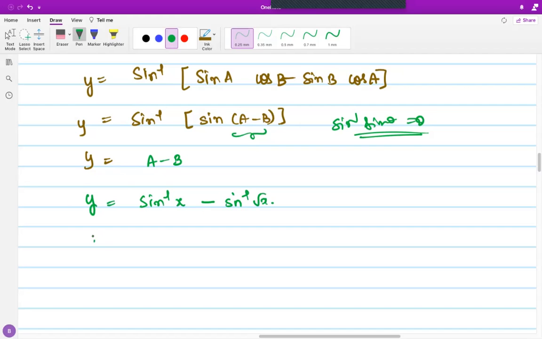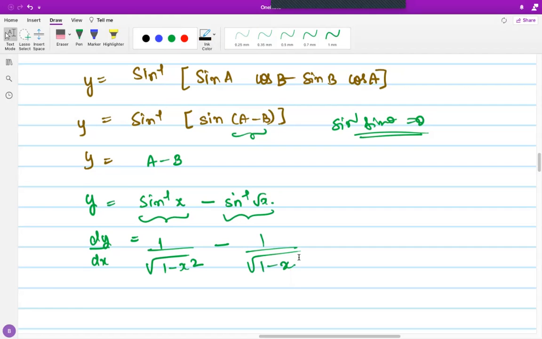Students, now dy by dx is equal to, differentiating sine inverse x, 1 divided by square root of 1 minus x square, and here it is 1 divided by square root of 1 minus x, but differentiation of root x, I need to do it, that is 1 by 2 root x.